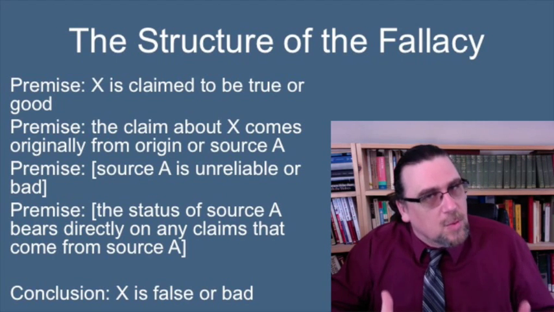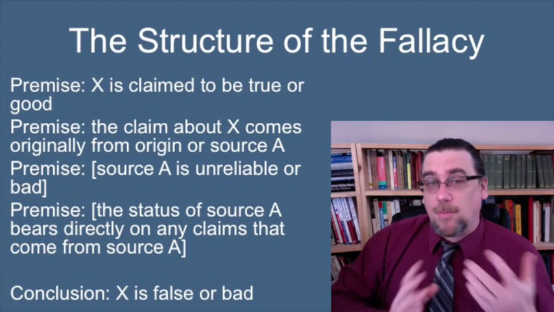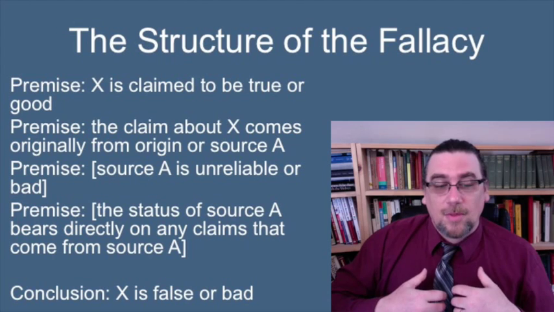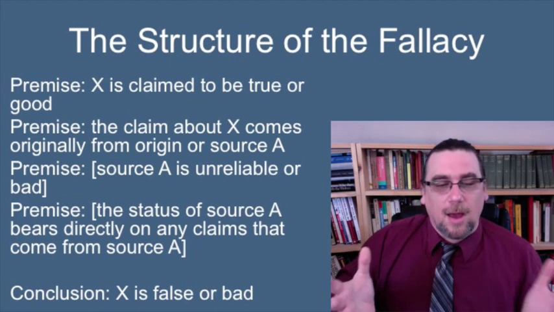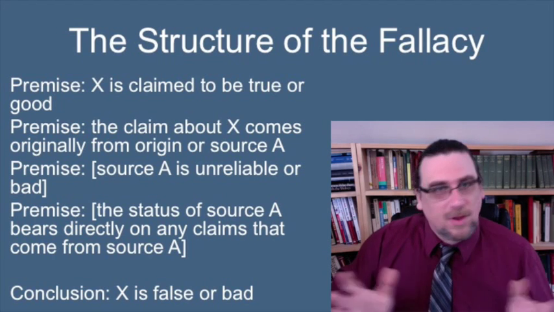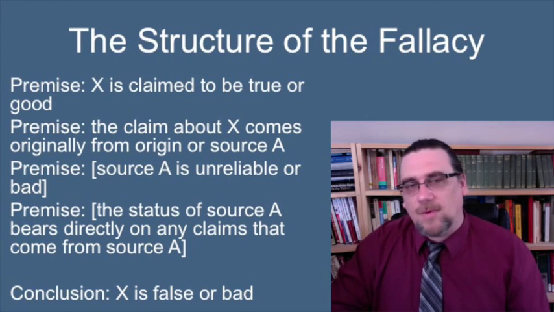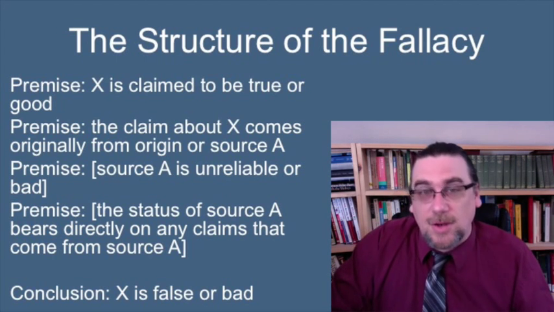This is not the only way to set up the structure of this fallacy. It could be that we're talking about a practice. We could say, this practice X is claimed as something that's good. But practice X comes originally from origin or source A, and we can do the whole hidden premises built in there, the whole cascade of argumentation.